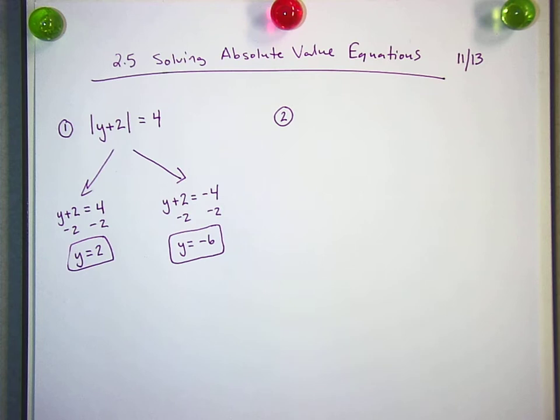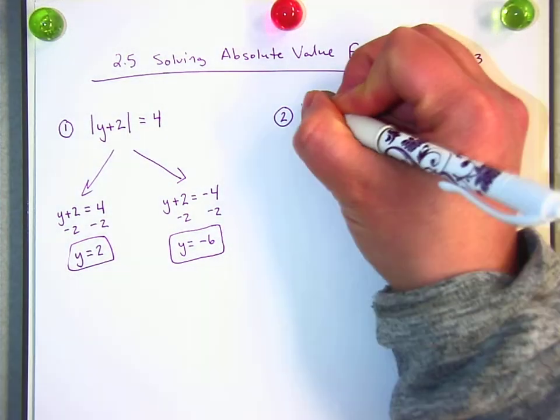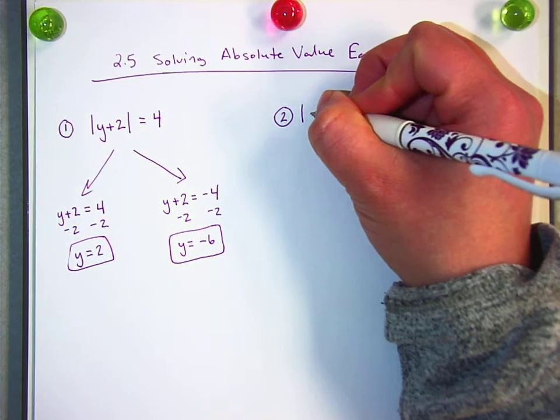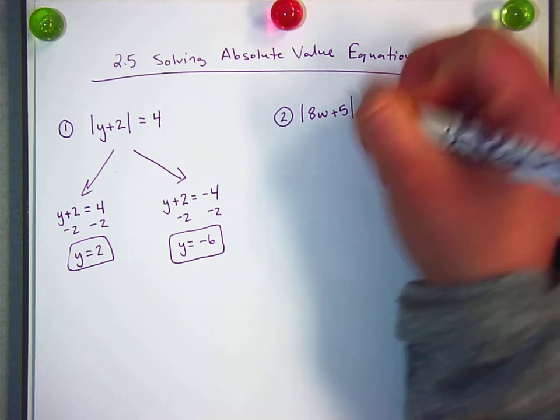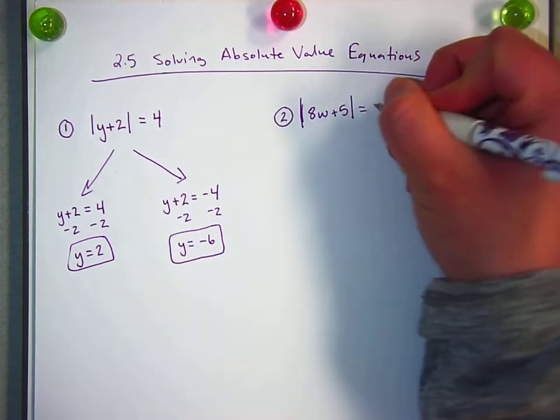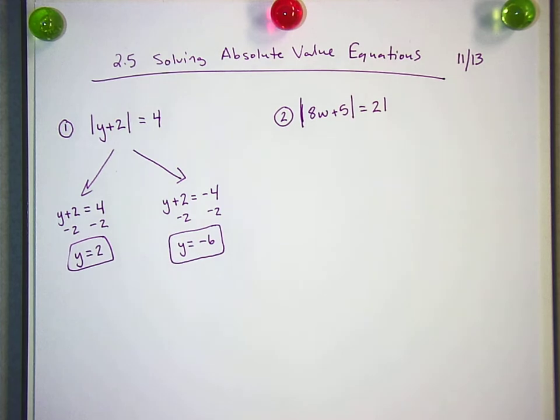All right, so let's try this again. And this time, let's do, how about the absolute value of 8w plus 5 equals 21. All right, so I'm going to start this one with you.